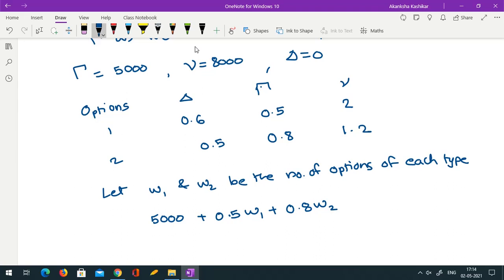Okay, 0.5 omega 1, 0.8 omega 2. For making things gamma neutral, this should be 0.